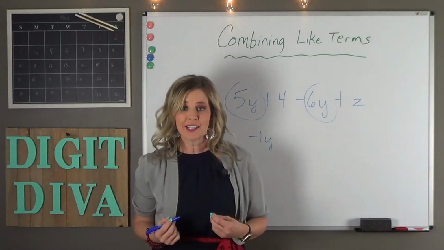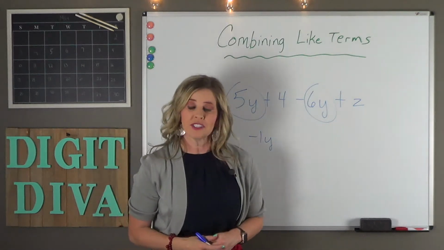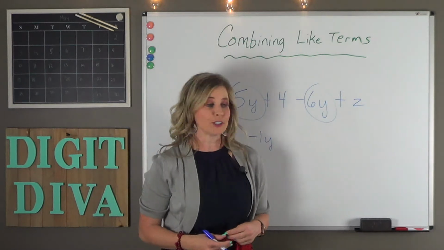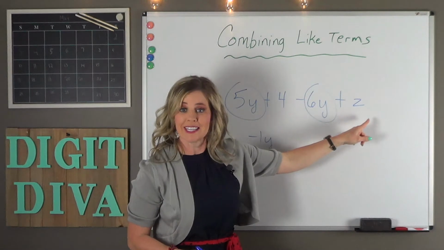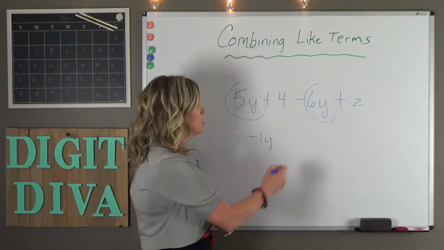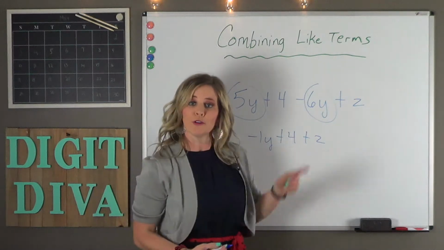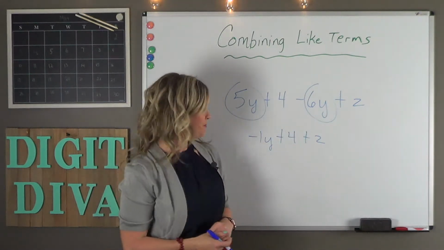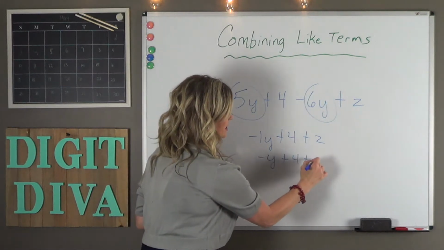So we just combined our like terms. And actually, in this expression, those are the only two like terms. 4 does not have a variable, and there are no more z's in this expression. So when you cannot combine anything else, you simply drop those terms down into your answer. So we have negative y plus 4 plus z.